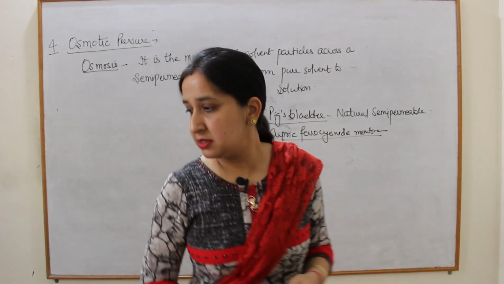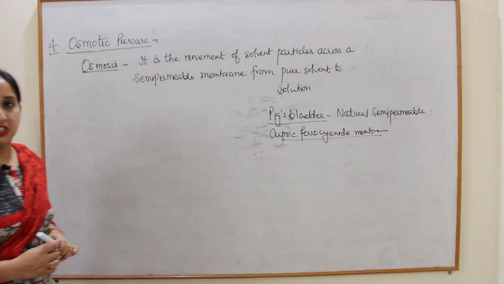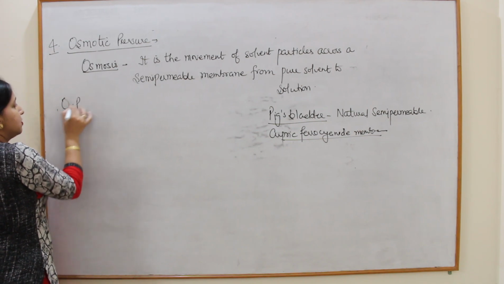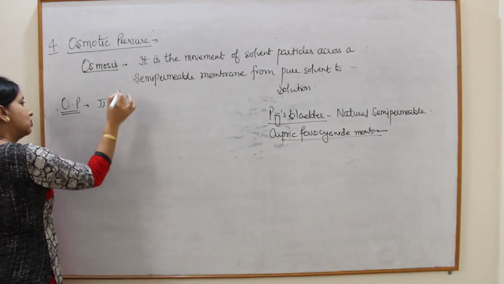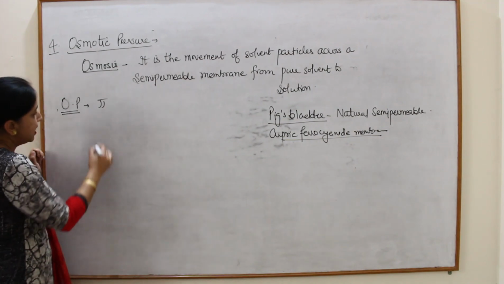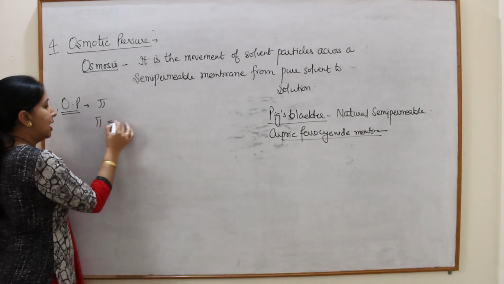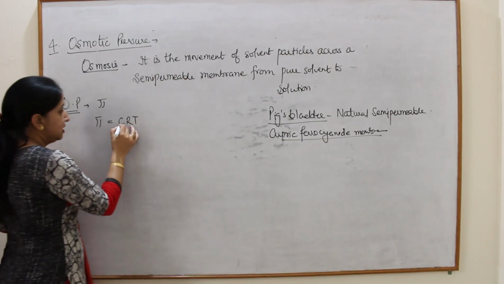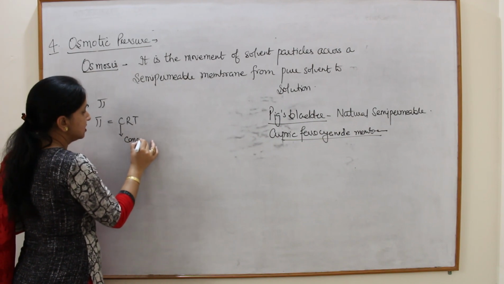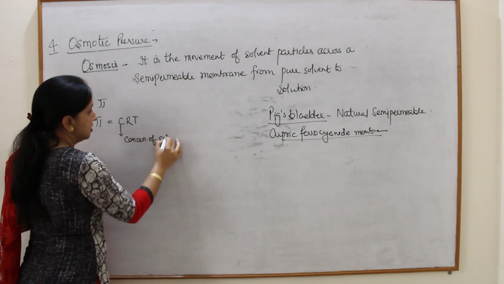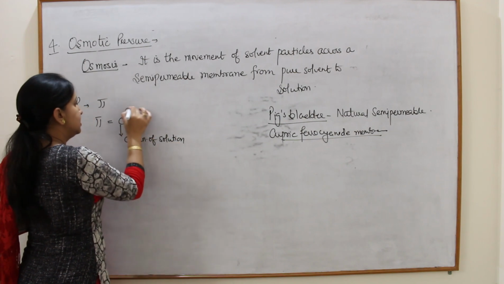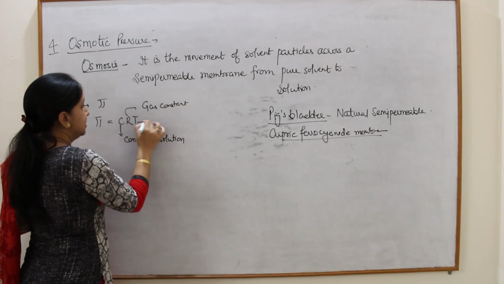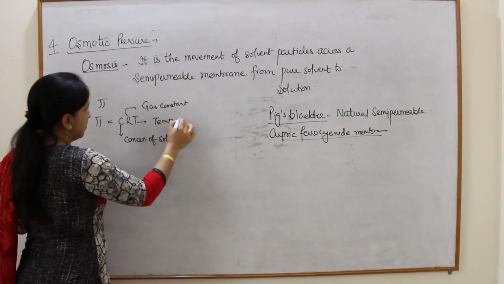So next is, how will you show that osmotic pressure is a colligative property? We denote osmotic pressure by a term known as pi, and experimentally it is found that pi is equal to CRT. So what does this mean? C means concentration of solution. R is the gas constant, and T denotes temperature.